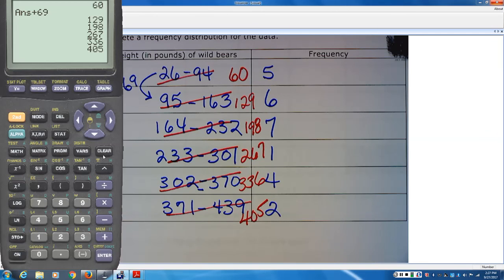All of us together. Hit your stat button. Go to your data screen and enter the midpoints in list 1.